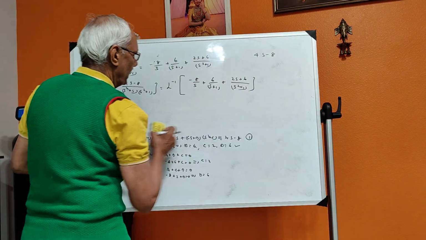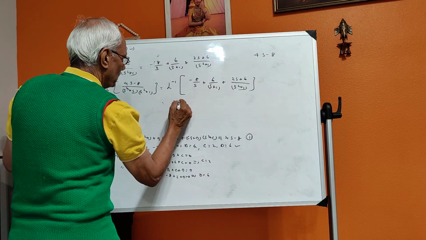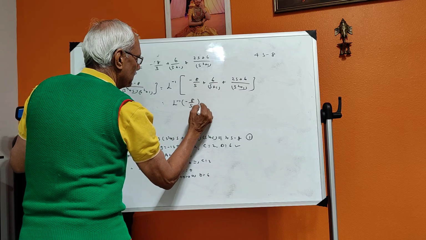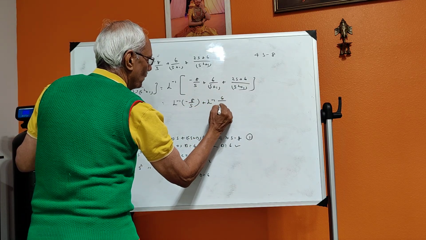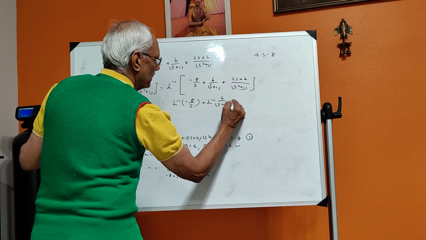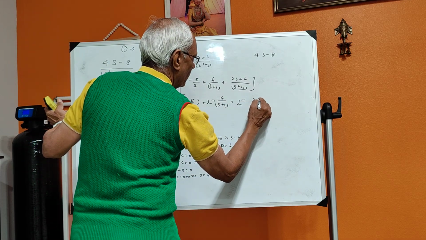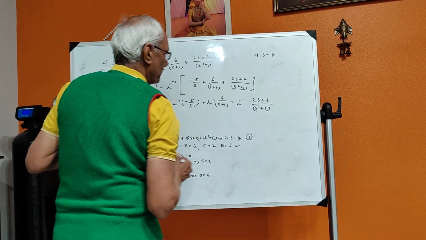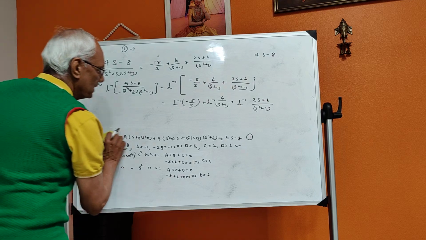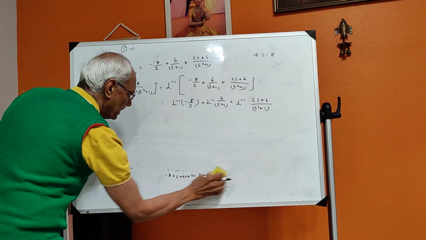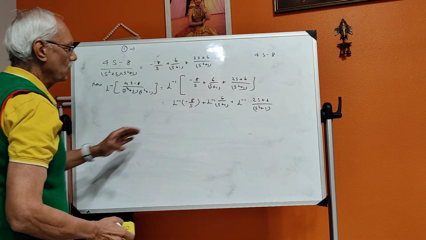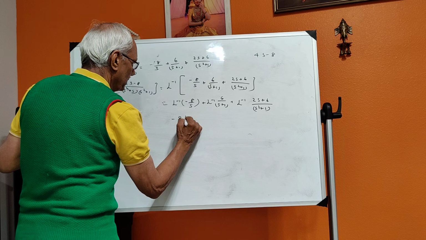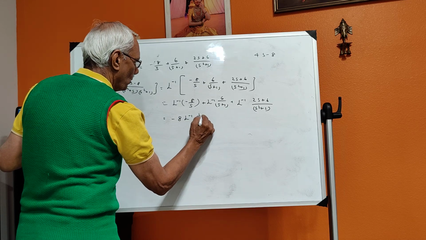So I can write this as minus 8 times L inverse of 1 by s plus L inverse of 6 by (s plus 1) plus L inverse of (2s plus 6) by (s squared plus 1). Constants can be taken outside, so you can write this as minus 8 into L inverse of 1 by s.